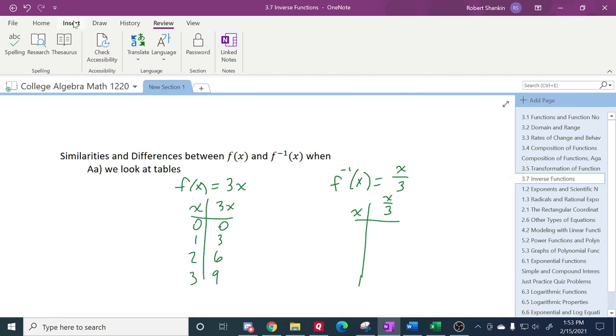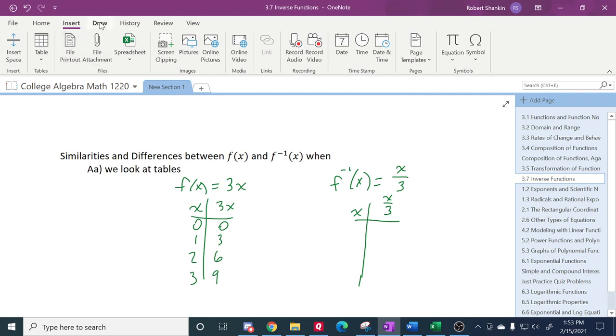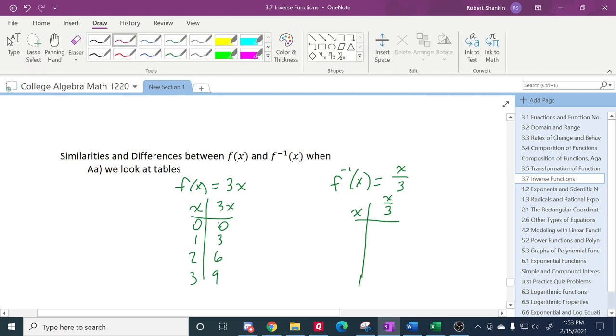All you have to do is take these numbers and push them over to here. Take these numbers, push them over to here. All you have to do is interchange the x and the y. So 0, 3, 6, 9. And then these go to the other side. 0, 1, 2, 3.